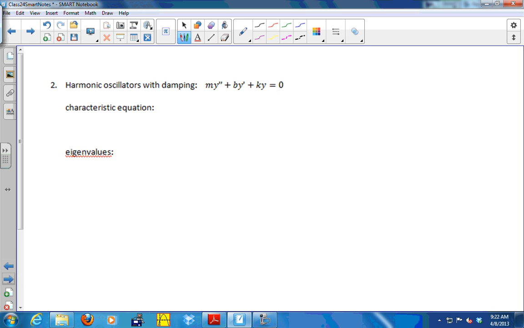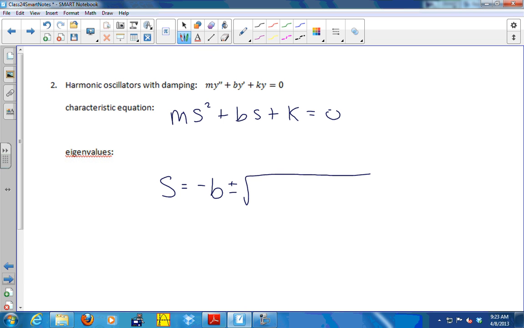All right, so now let's look at a harmonic oscillator that has damping. This is clearly going to be a more complicated case. So the characteristic equation, read it right off the... Good. So when I solve this, I'm just going to have to use the quadratic formula, right? And I get s equals negative b plus or minus the square root of b squared minus 4 times a times c all over 2a.